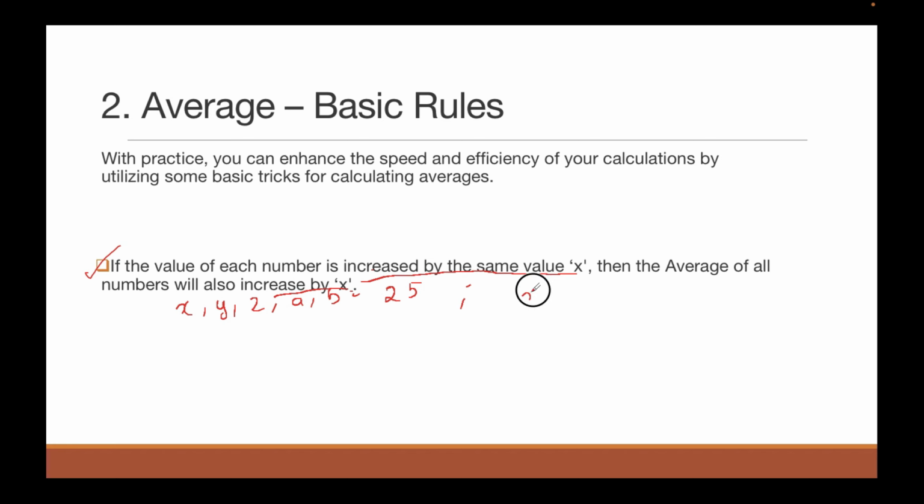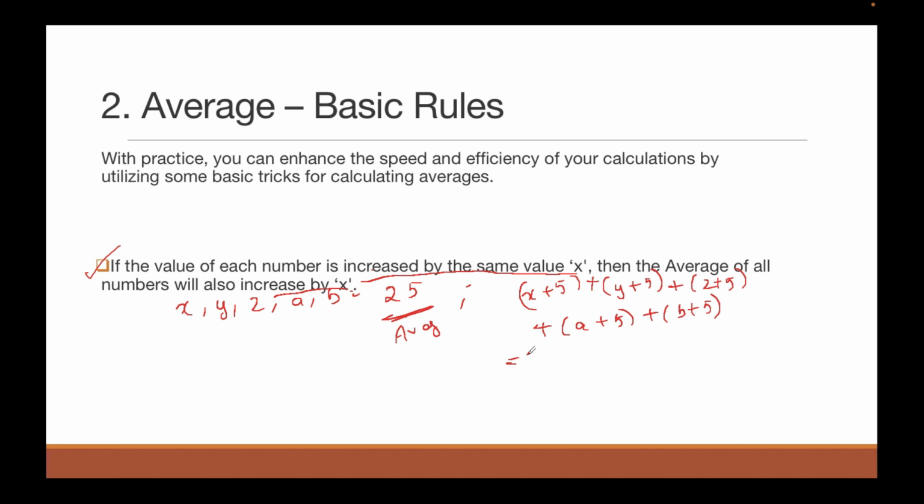So x plus 5 plus y plus 5 plus z plus 5 plus a plus 5 plus b plus 5, right? Now what will be the total sum? Total sum is x plus y plus z plus a plus b. The average was 25, right?